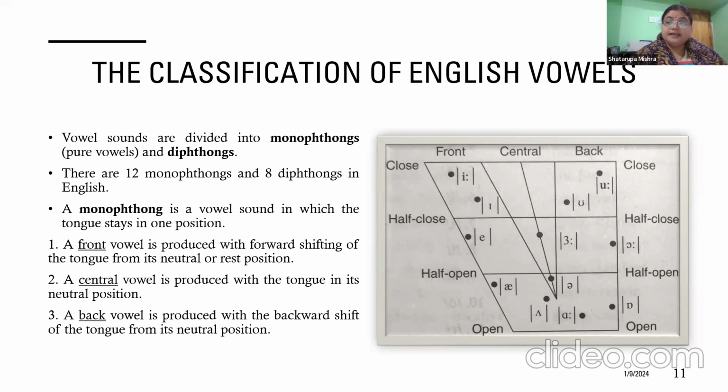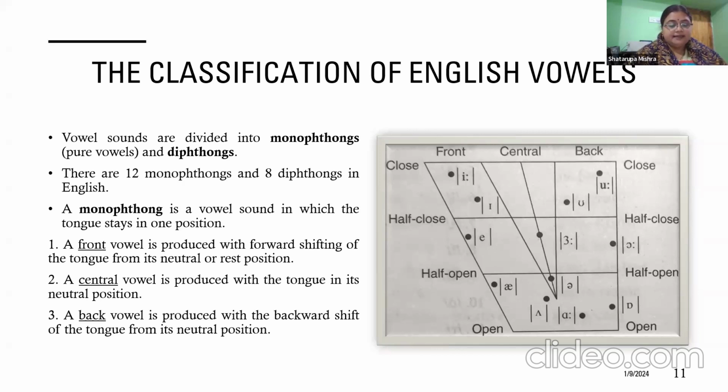Then A sound, front, unrounded vowel just below the half open position: man. Then A, back, open, unrounded: ask. Then aw sound, back, open, rounded: off, lot. Then o sound, back, rounded vowel between half close and half open: all, tall.